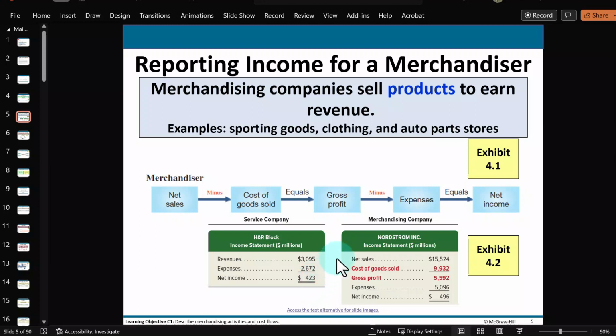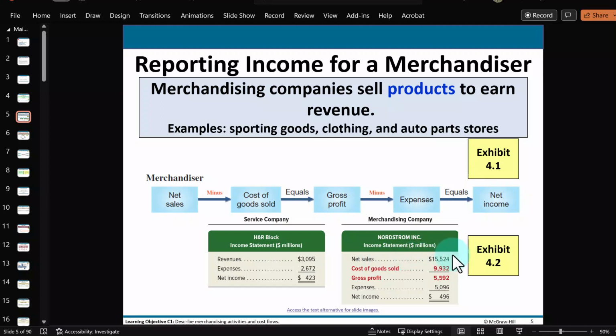But in the case of a company like Nordstrom, who sells merchandise, it's a retailer, they're going to have revenue at the top. In the case of a merchandising company, their revenue account is called sales. We'll learn in a different video how we calculate this figure called net sales. But here, revenue at the top.